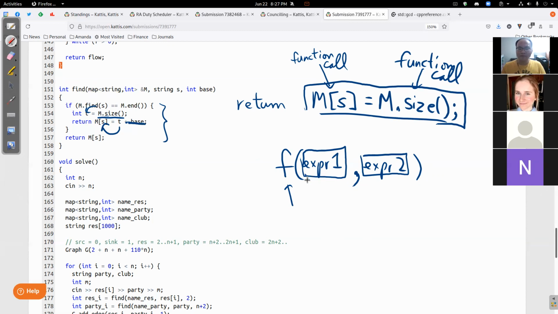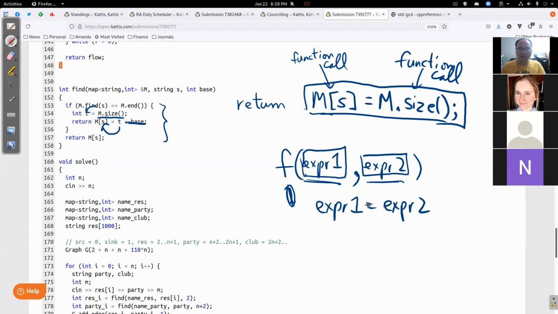And so if expression 1 and expression 2 have side effects, where expression 2 depends on the side effect of expression 1 or vice versa, then that code is unpredictable. It may or may not work depending on how it's compiled. And this is exactly the same thing, because you can imagine a function with two expressions whose definition just says expression 1 equals expression 2.